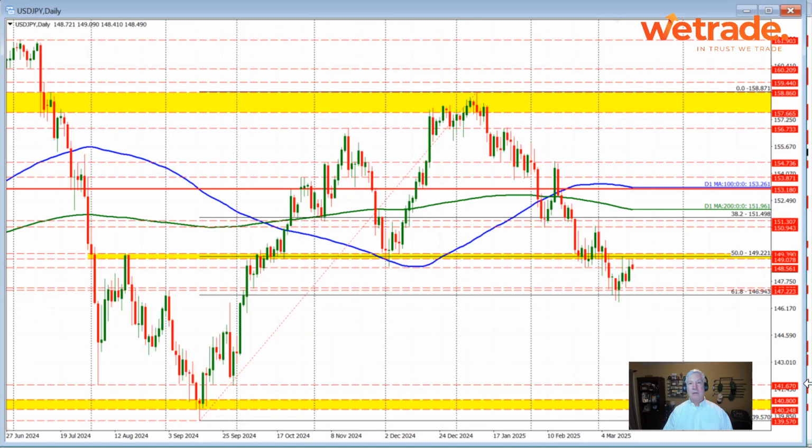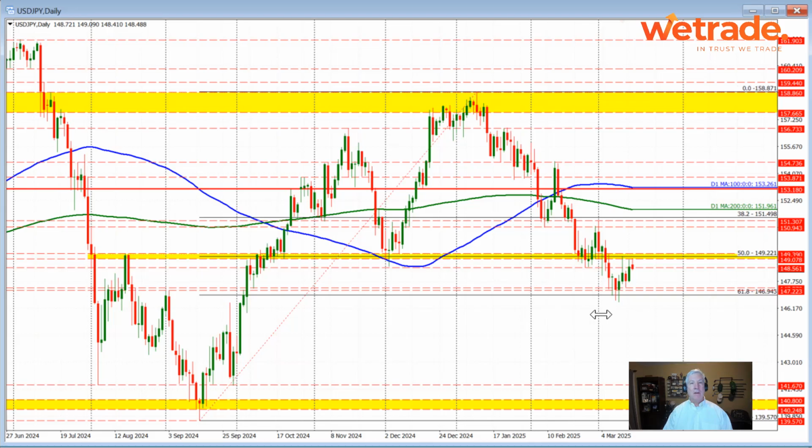Let's take a look at the dollar versus yen, and we might as well do the same routine by taking a look at the daily chart to start off. The reason I want to do that is because, like the euro versus US dollar, we went up to test a key swing area over the last month or so of trading, actually the last week of trading, I should say.